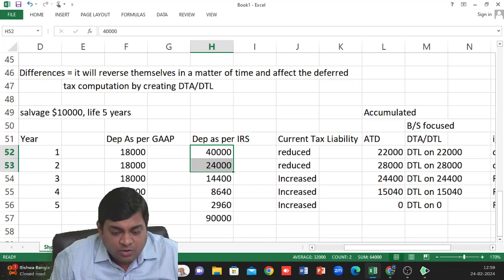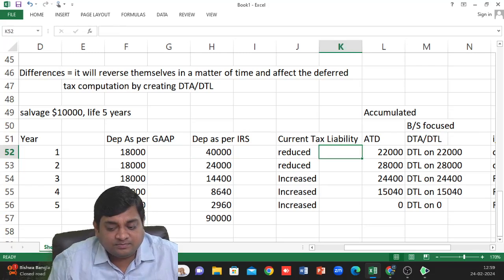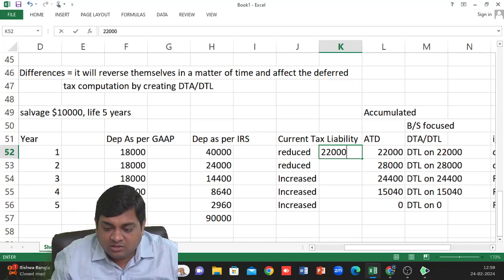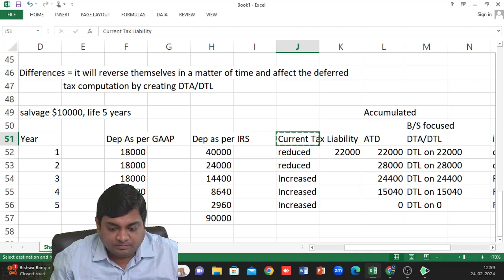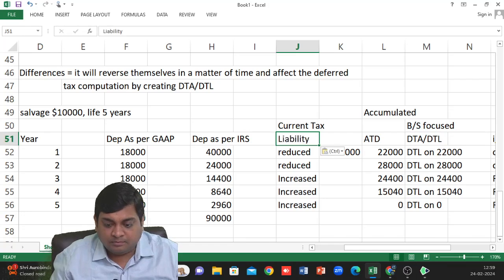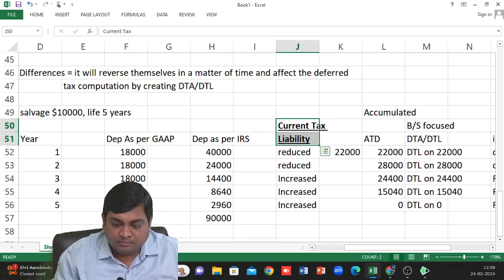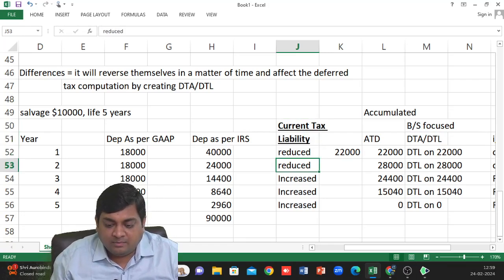right? So here the difference was 22,000. If you see carefully, here the difference was 22,000. Right?